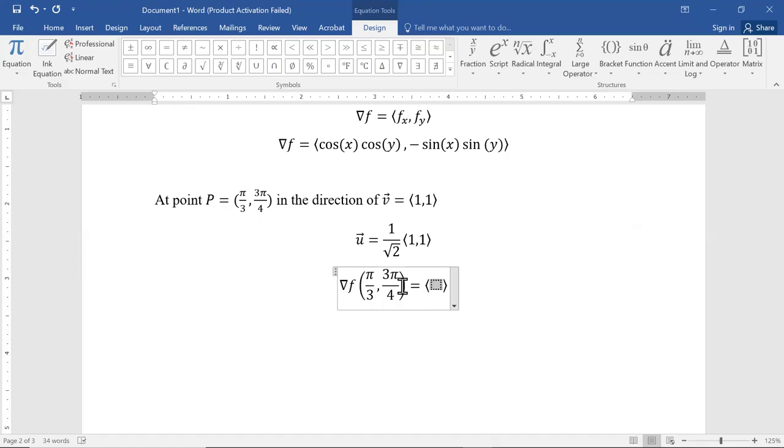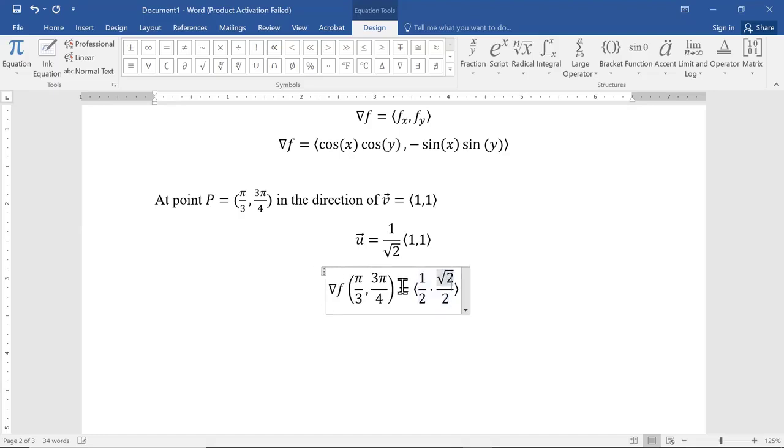Cosine of 3 pi over 4 is, depending on how you write this, either negative square root of 2 over 2, or negative 1 over square root of 2. So I get 1 half multiplied times the square root of 2.